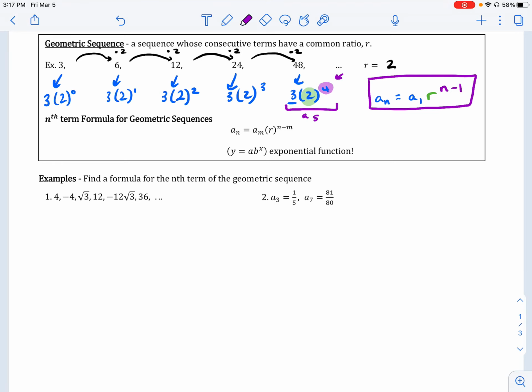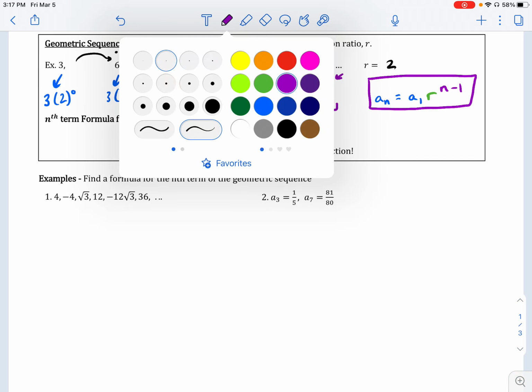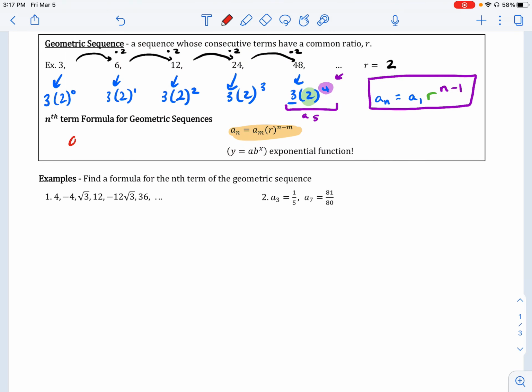And another way of writing that is what I have over here, right? Which is simply saying, okay, well, we don't always have to start with the first term in our sequence. We can use any term in the sequence and rewrite the nth term that way. And one last thing that I want to highlight before I go into some practice problems, if we think back to arithmetic sequences, like for example, something like 2n plus 1, what I mentioned in our previous lesson was that this could be thought of as a linear function, right?